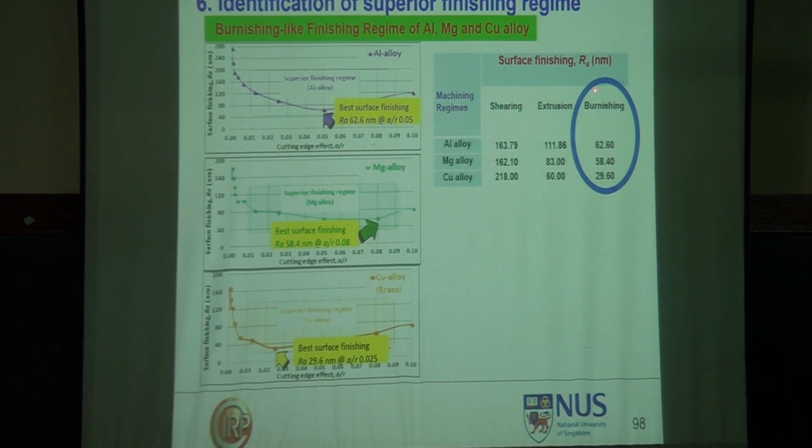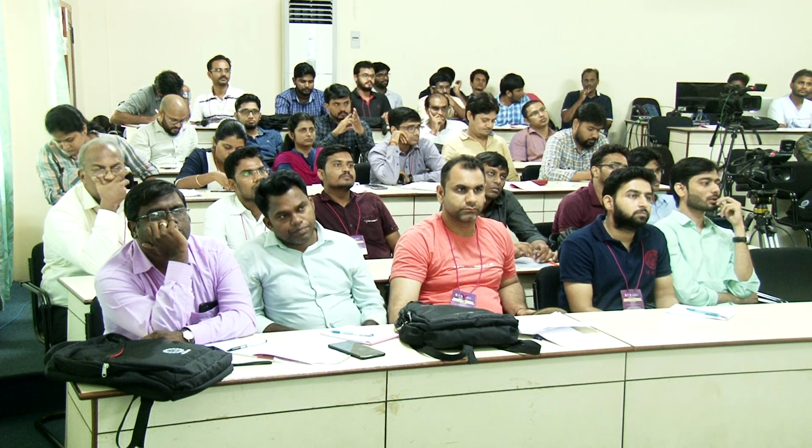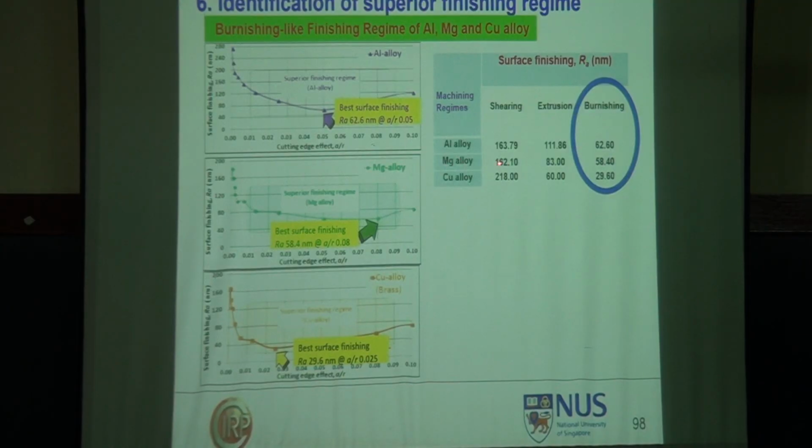Now, if you look at the improvement for surface finishing, as you saw, two zones. For shearing, based on the fundamental metal cut equation, for aluminum alloy we get surface finish of 163.79 nanometer. For magnesium, best surface finish 162, copper 218.